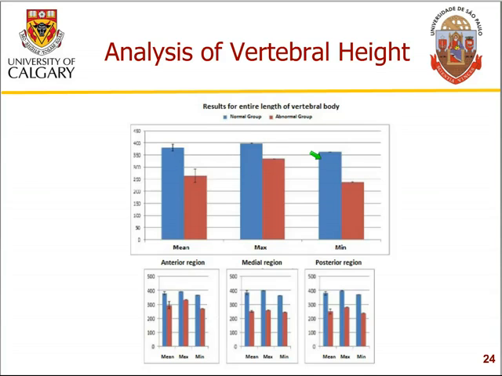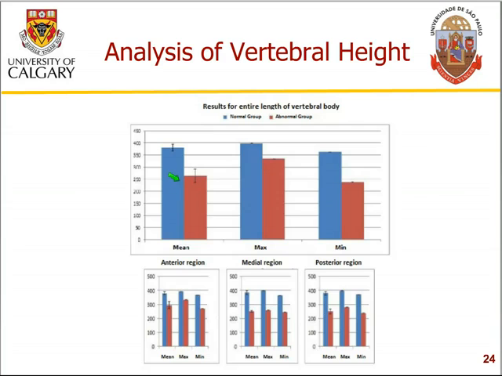And the max values also differ quite a bit. And there is a substantial difference in the minimum value also. The fracture group has a substantially lower minimum value than the normal group. And the standard deviation bars here show that the deviation is fairly small.